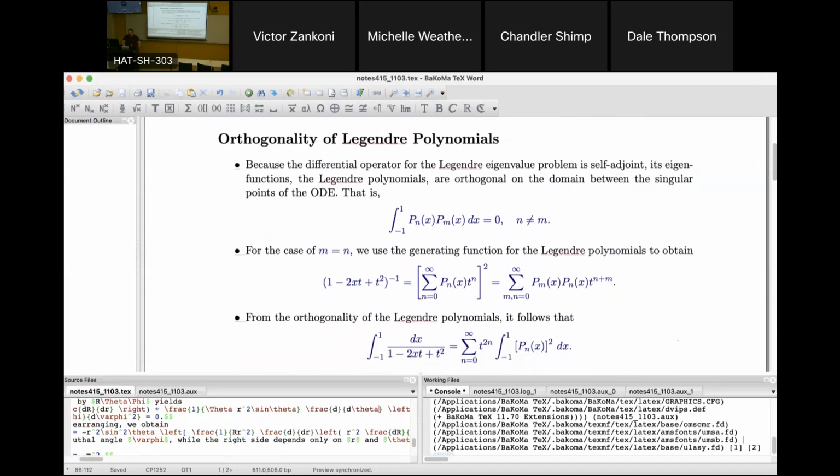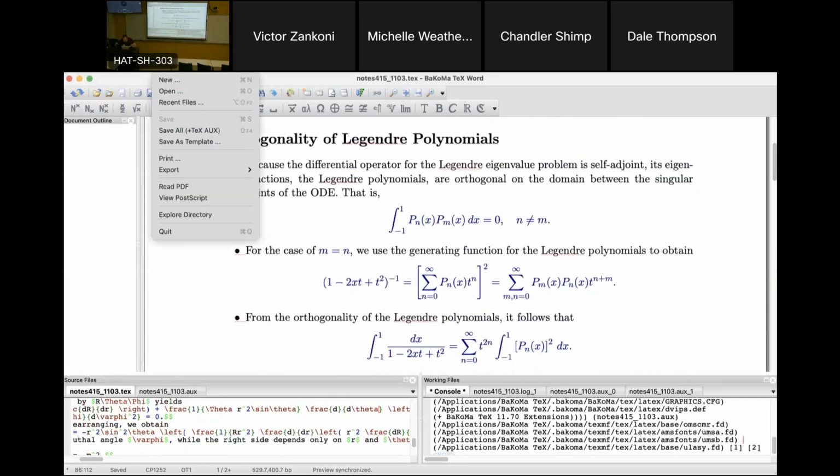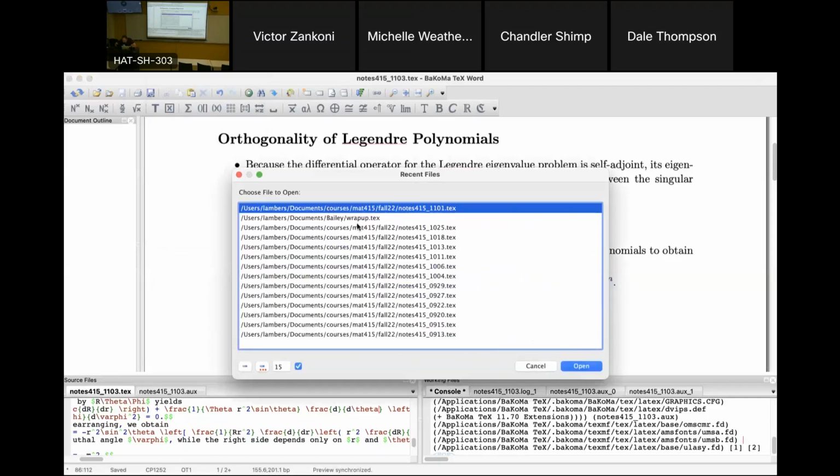Oh, there is something I do need to bring up. It's actually something from last time. I'm going to see if it'll let me close these notes and open a different set. Oh, this one.